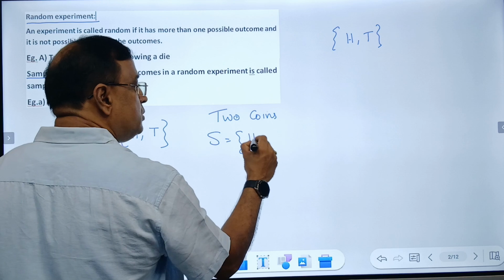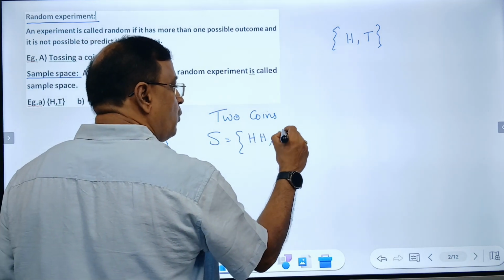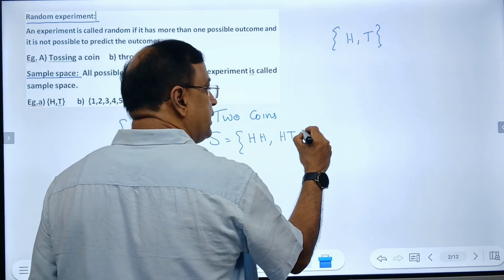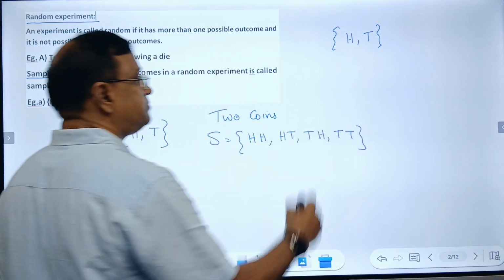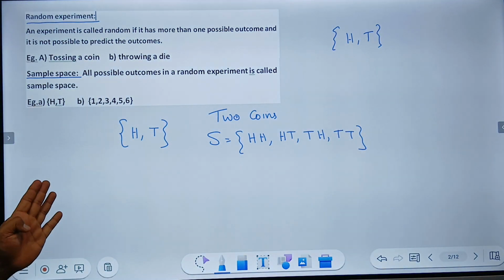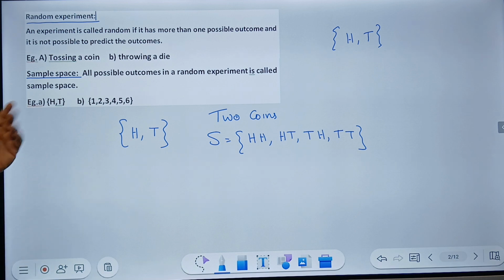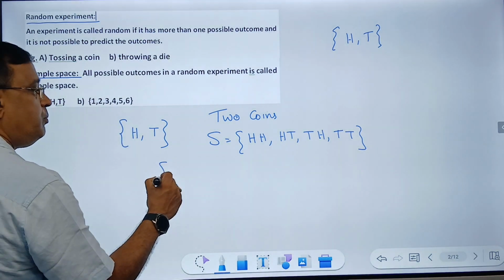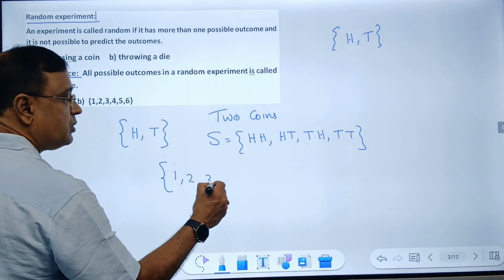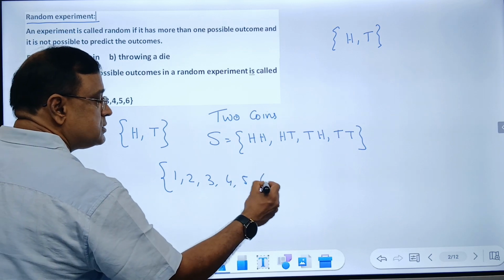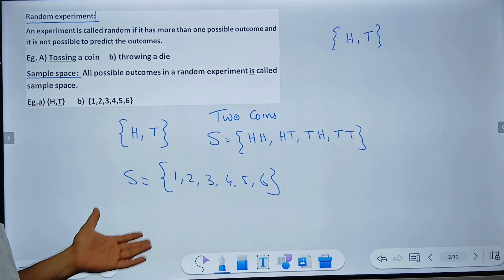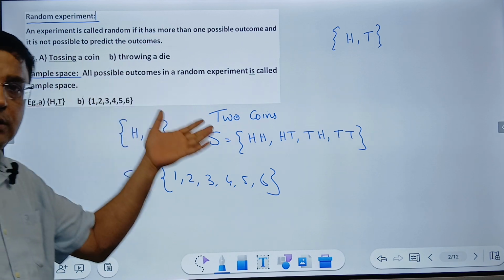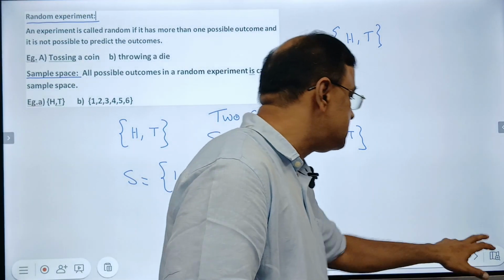I can get both heads, or one head and one tail, or one tail and one head, or both tails. So this is a sample space. If I throw a die, all possible outcomes are 1, 2, 3, 4, 5 or 6. So sample space is all possible outcomes in a random experiment. I think you are doing it from class 10, so it should not be a problem to understand this.